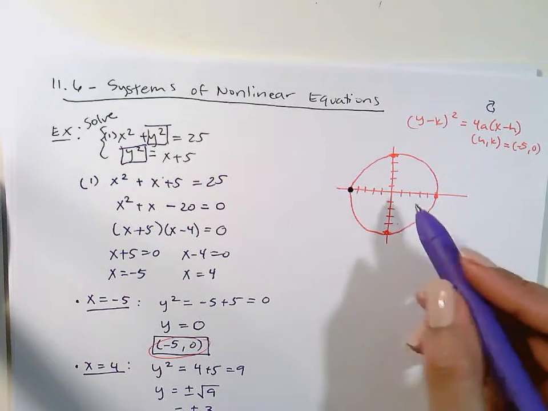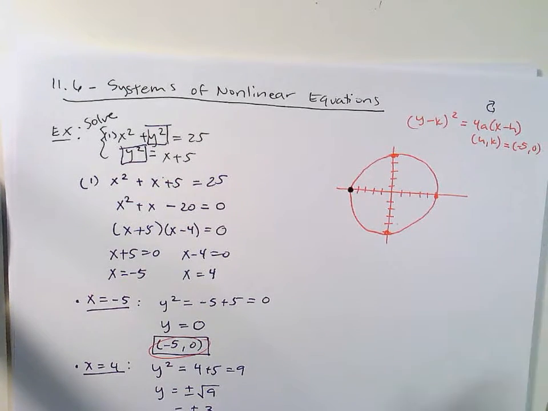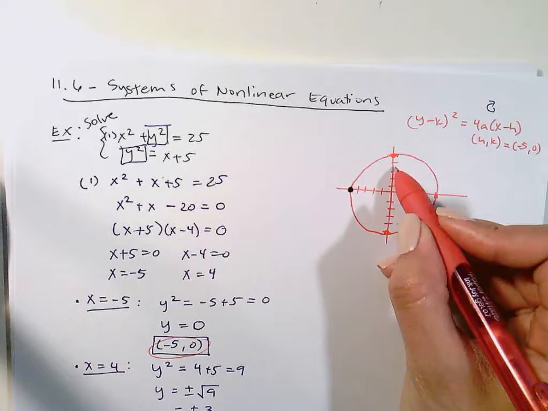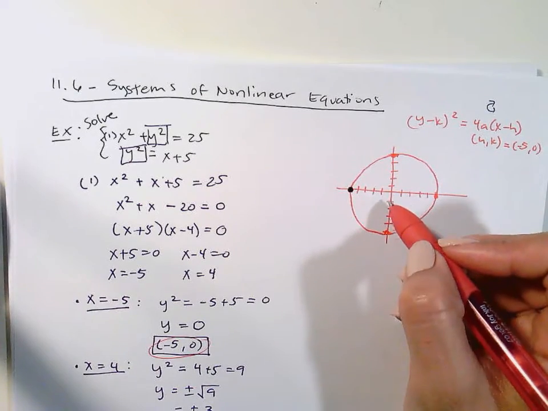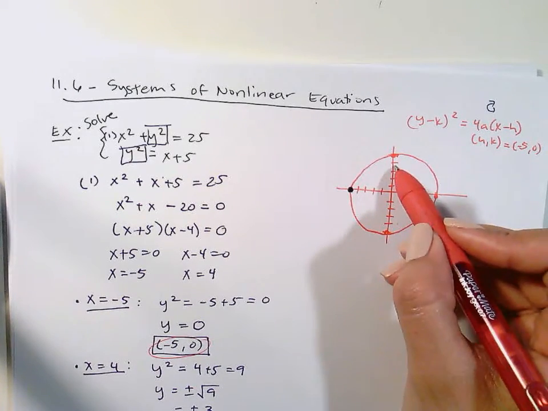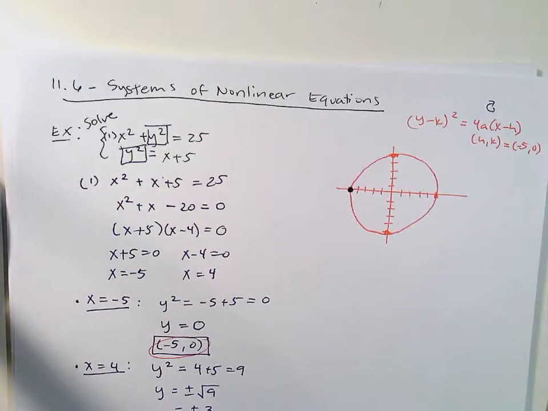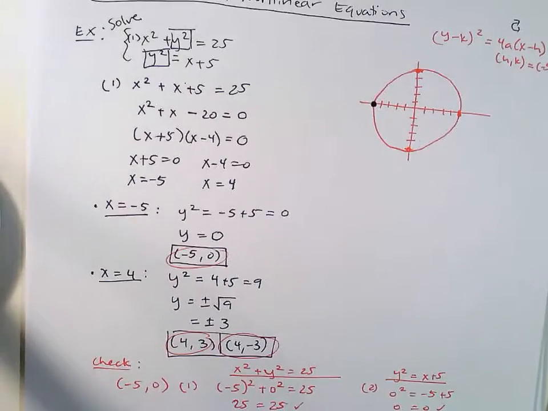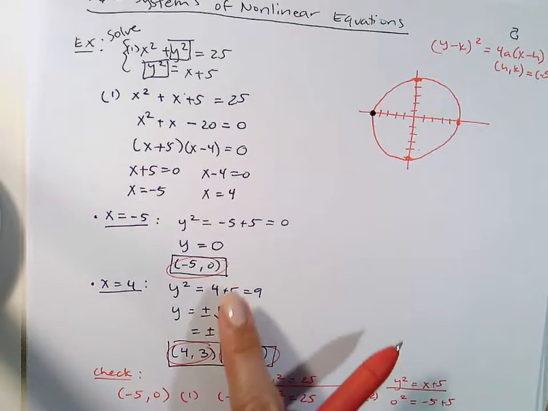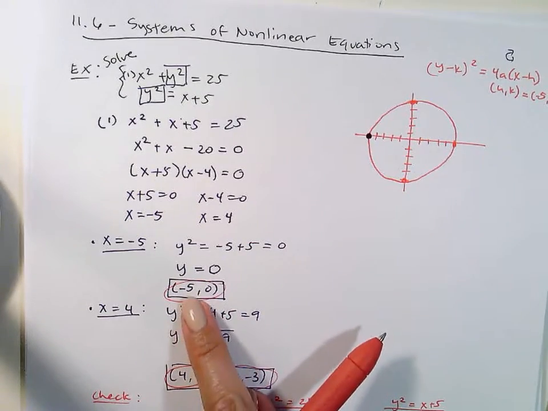So for the rest of the parabola, you can go ahead and find the y-intercepts in order to determine how much to go up and how much to go down. But now I can go ahead and just use my intersection points to plot the rest of it. We know that these two graphs are going to intersect at -5, 0.